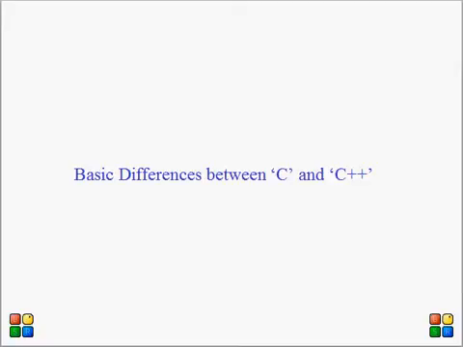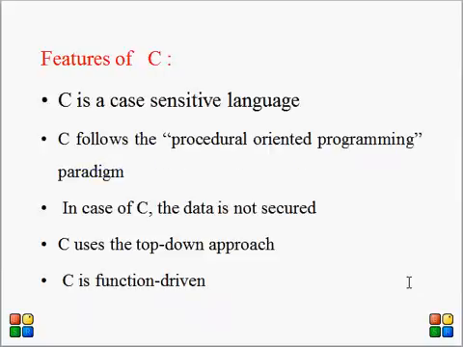First, you have to see what differences there are between C language and C++. First, features of C. There are approximately so many, but I want to give some of the features. First, C is a case-sensitive language. That means if you write printf and scanf statements, they must be in small letters.